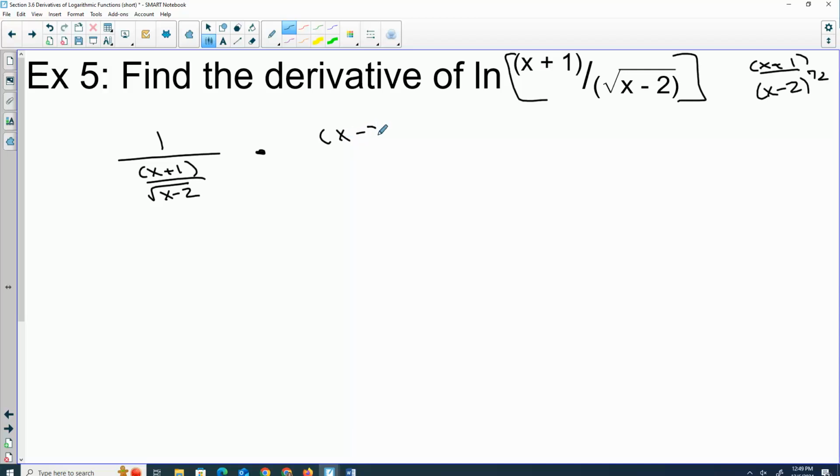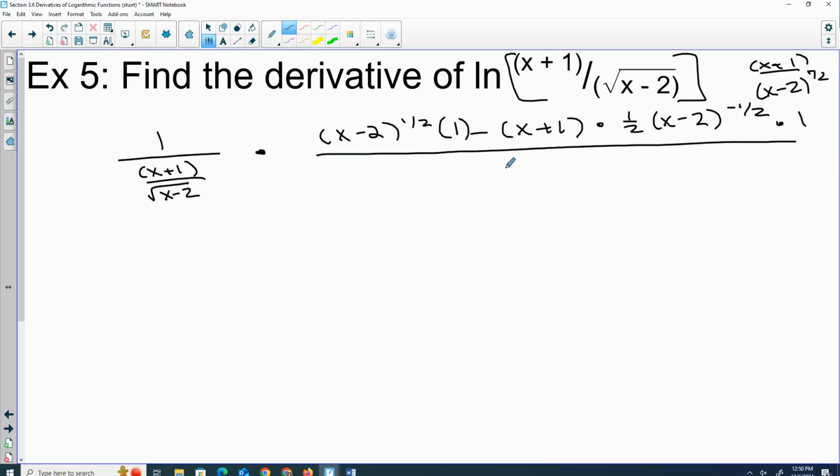So that's low, d high, derivative of x plus 1, 1, minus high, d low. So exponent comes down, x minus 2 stays, subtract 1 from the power, times derivative of the inside, which is just 1, over low squared, negative 1/2 squared, which just gives me an x minus 2 to the first.